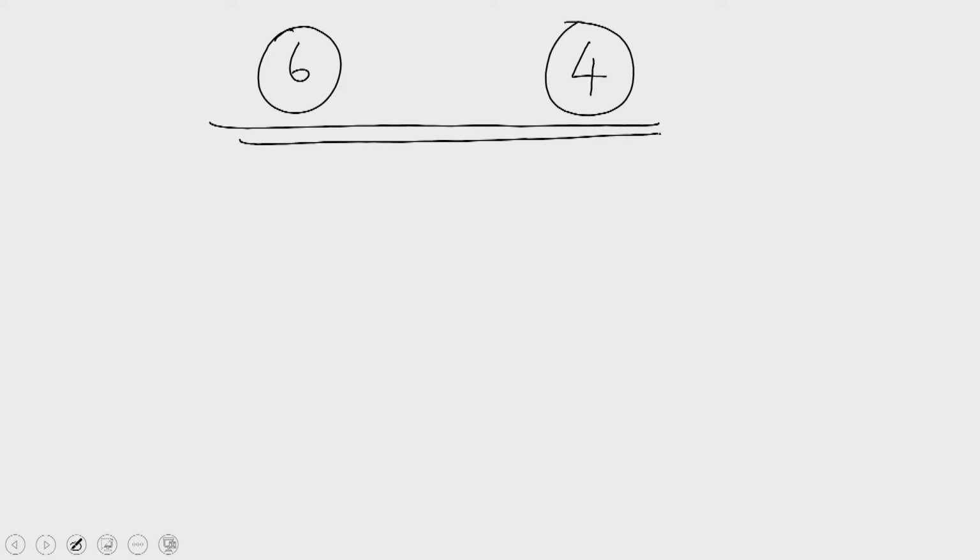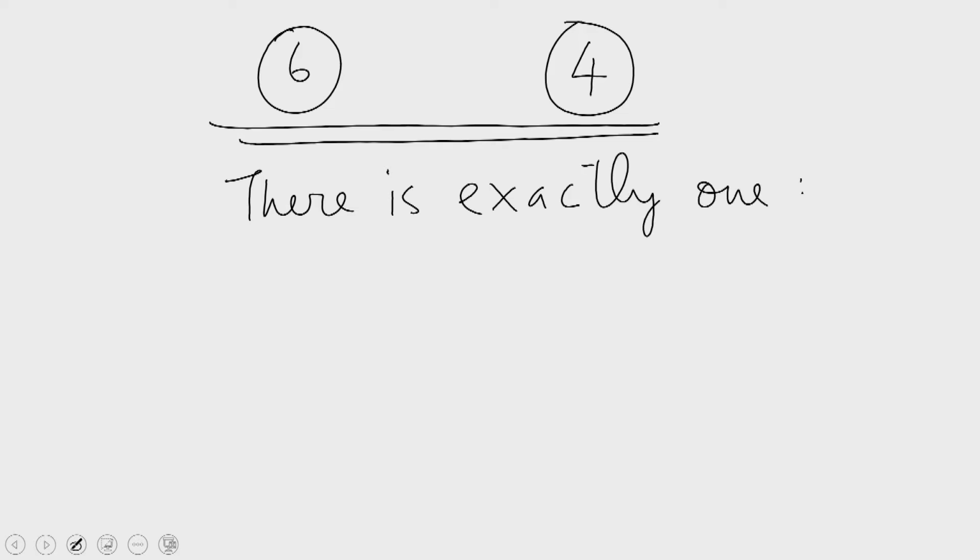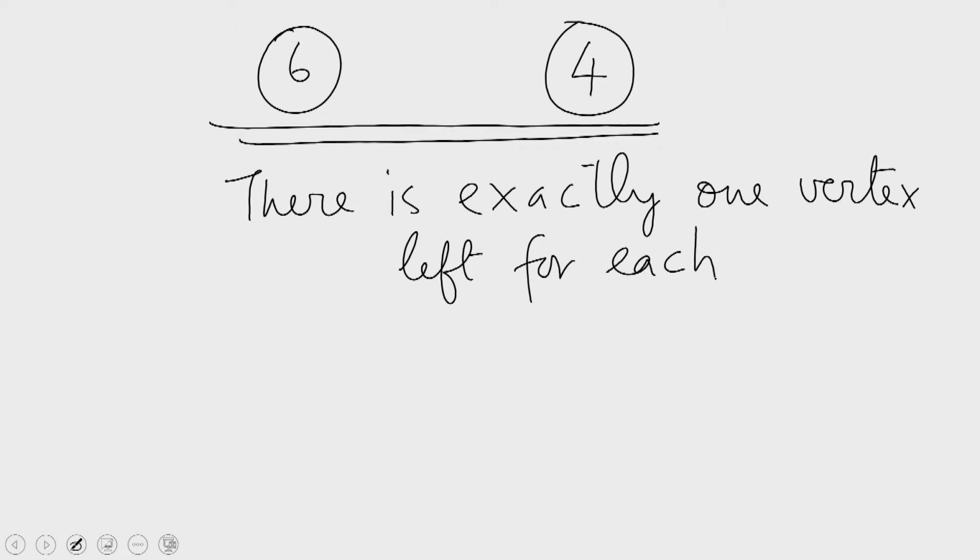At this point we halt the algorithm because now there is exactly one vertex left for each component. So, that is the gist of the algorithm.